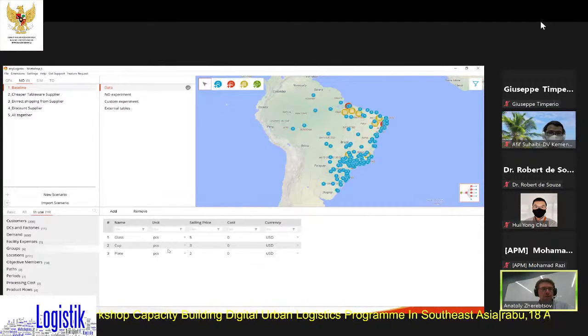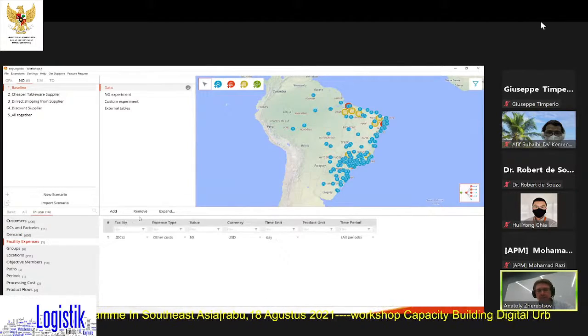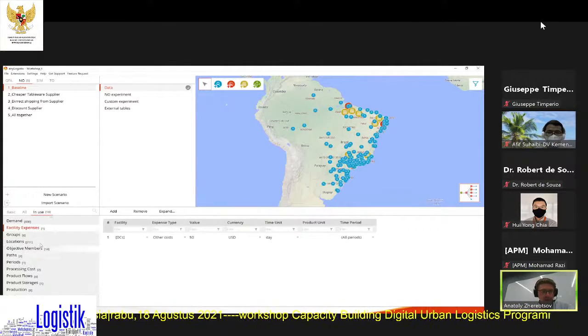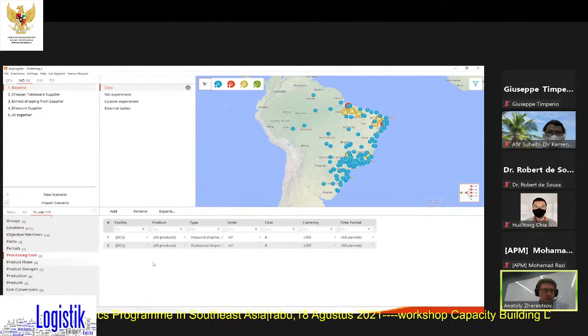There are some data defined in this scenario, like demand, facilities expenses for storages, transportation cost between suppliers and distribution centers, and distribution centers and customers. We have also processing costs.